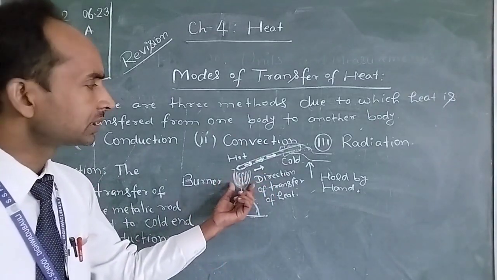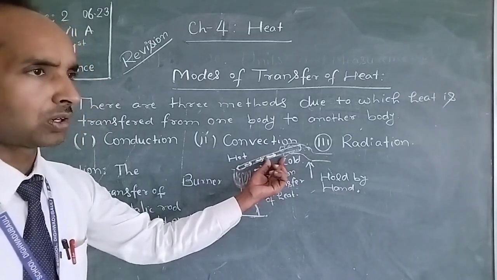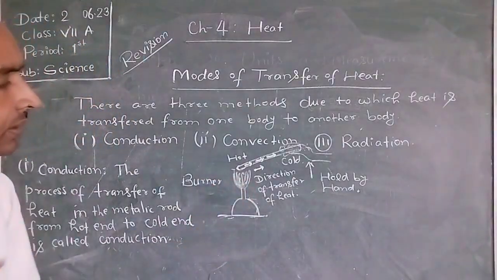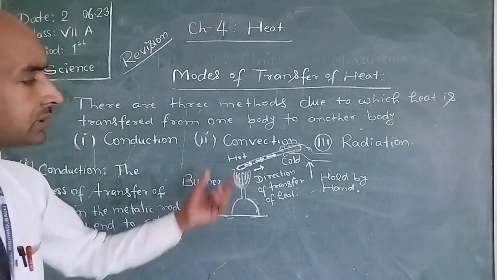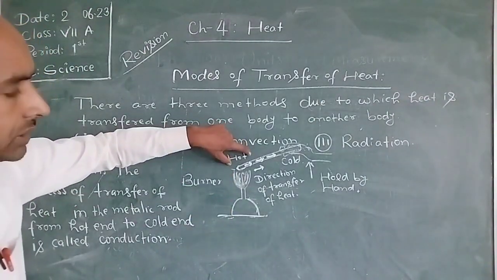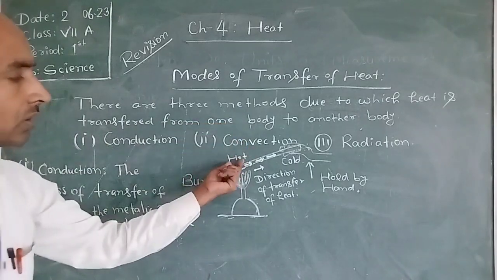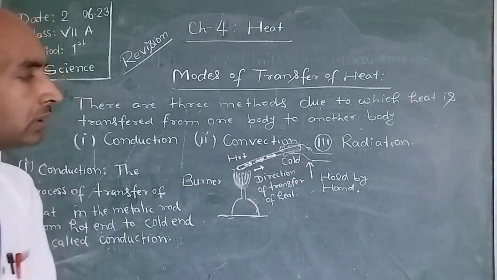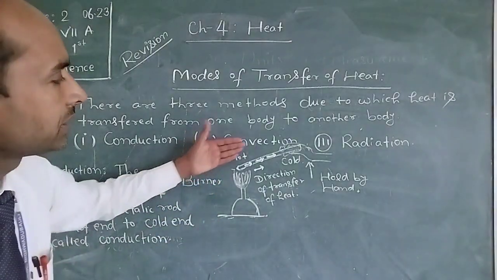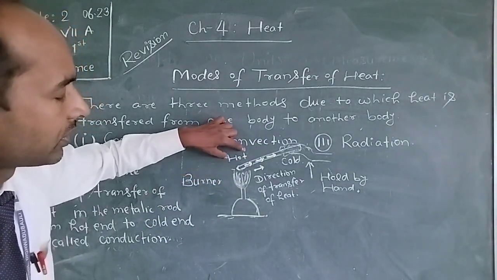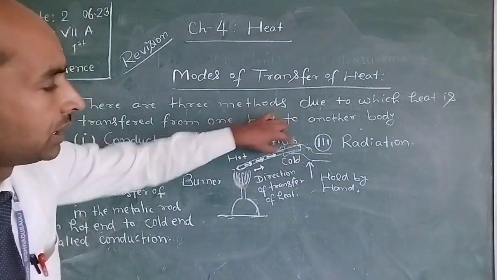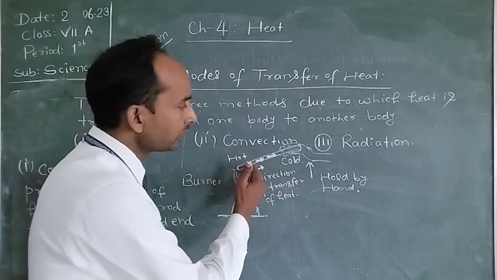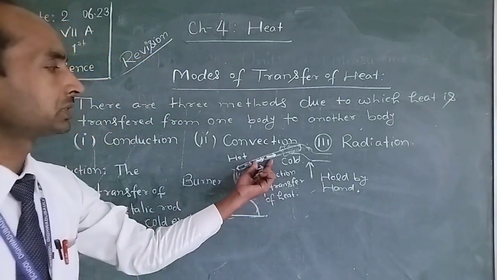When it is burning, one piece of rod is placed near the hot part of the burner, and we see that after some time the end which is near the flame gets hot and the other end is cold, but the heat is transferred slowly from the hot end to the cold end, and gradually the temperature of the rod moving towards the cold end increases.